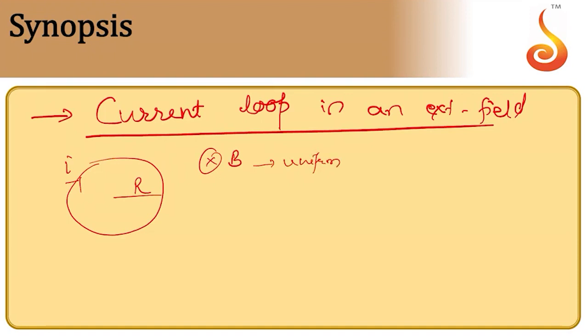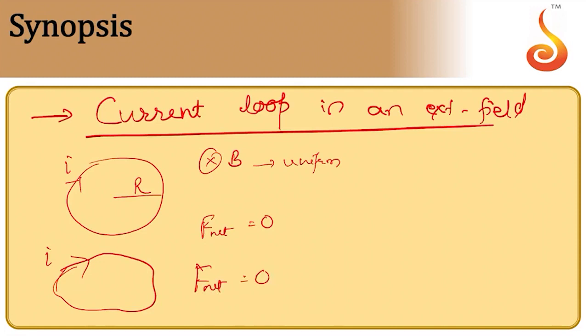So in this uniform magnetic field, the net force on the current loop is 0. Remember, a current loop of any shape, for example, if I consider this current loop, even this experiences net force equal to 0. So net force on a current loop is 0 in a uniform magnetic field.